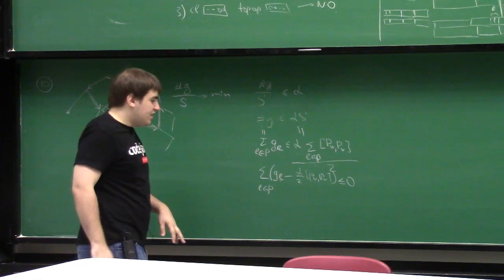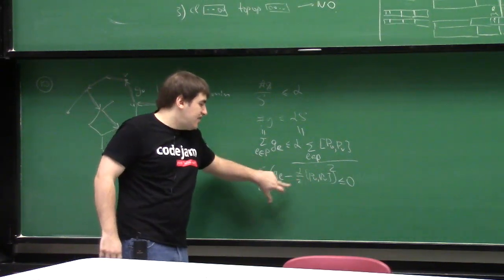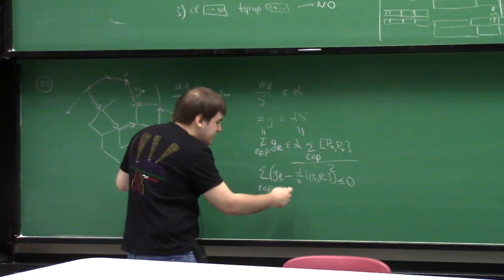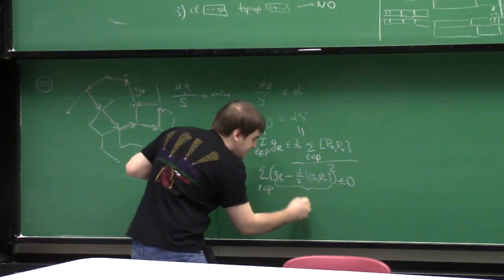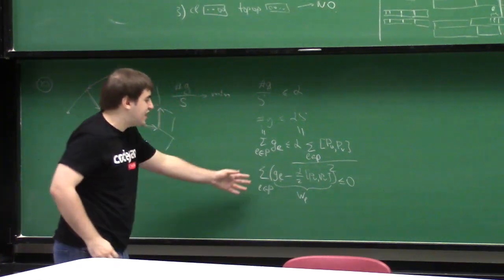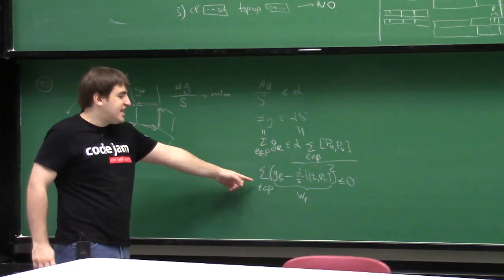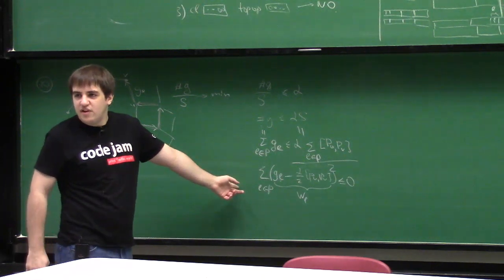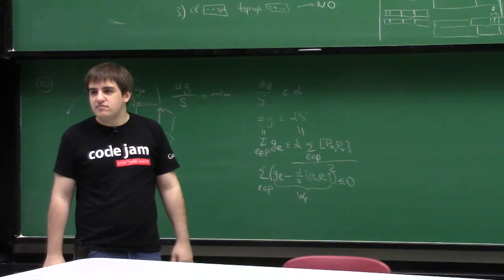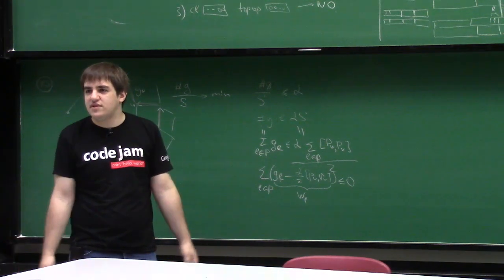Notice that this thing depends only on the edge E, on its endpoints U and V. So let's denote this as WE. And what do we get here? We get a standard problem in a graph. We want to find a cycle of negative weight. And that's all, the solution.